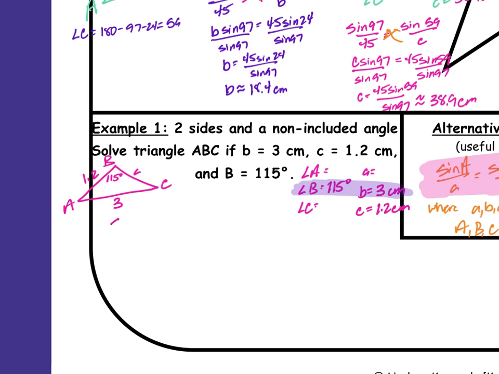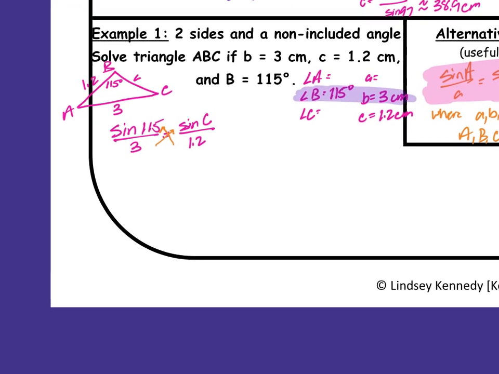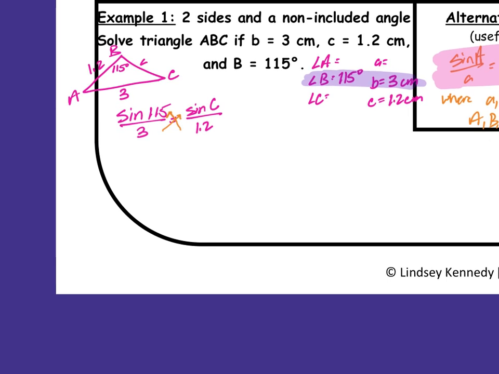Okay, so I have sine of 115 over 3, and it's going to equal sine of C over 1.2. I still have 2 fractions equaling each other, so that part doesn't change. I still cross multiply. I'm going to slide this up a little bit, you guys, so I have a little bit more room for my hand.